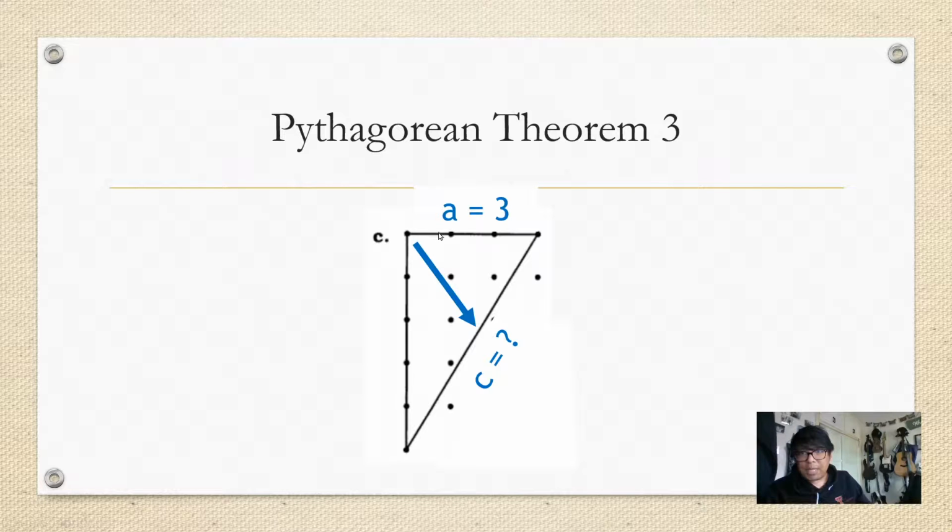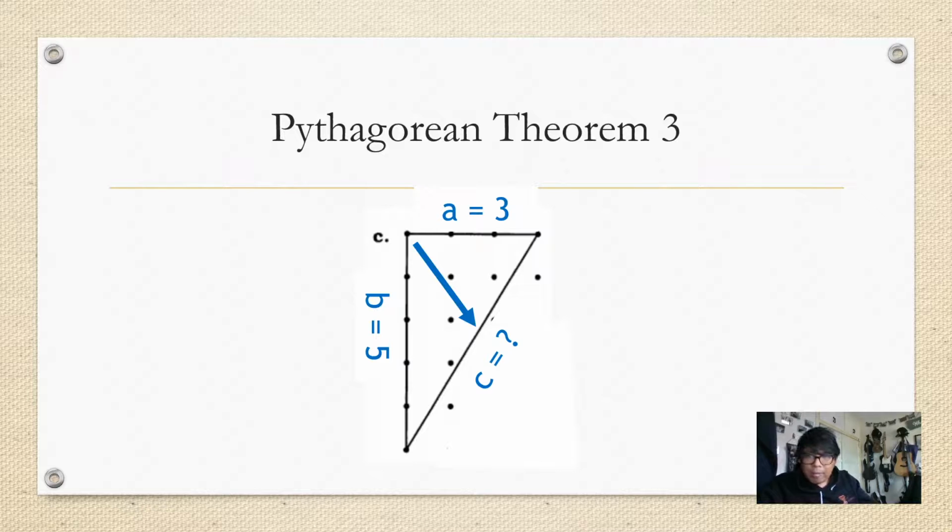So from this dot to this dot is 1 centimeter. From this dot to this dot is another centimeter. And then from this dot to this dot, that's another centimeter. So that's a total of 3 centimeters. Similarly, the vertical side, I'm going to call that B. That's going to be 5 centimeters.